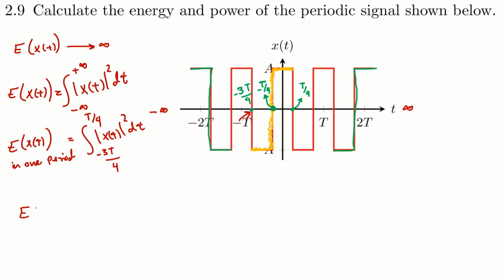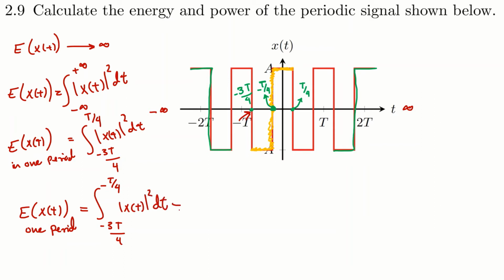I can write this x(t) in one period as the sum of two integrals: from minus 3T over 4 to minus T over 4 of x(t) squared dt, plus the integral of the same signal from minus T over 4 to T over 4.